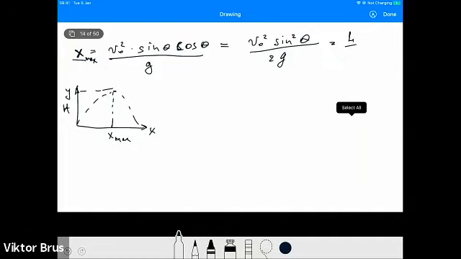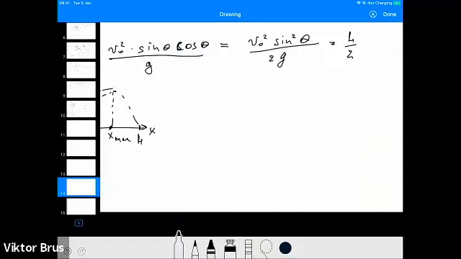And this is L. This is the total length of the travel along axis x, and this maximum position is L divided by 2. But Professor, sorry, previously we wrote the formula of L like v squared sine 2 theta divided by g.